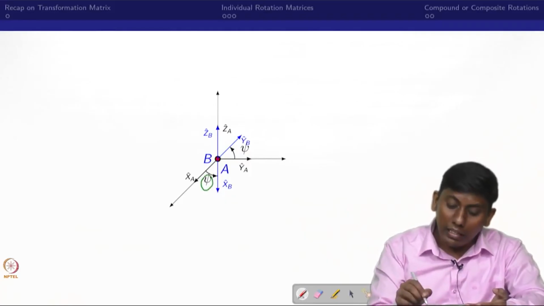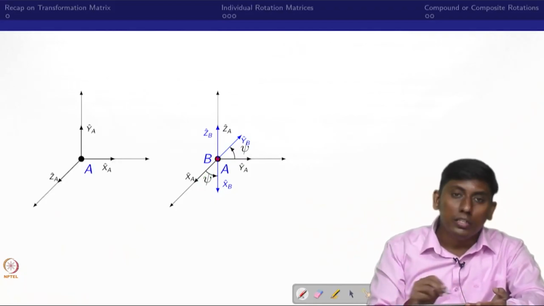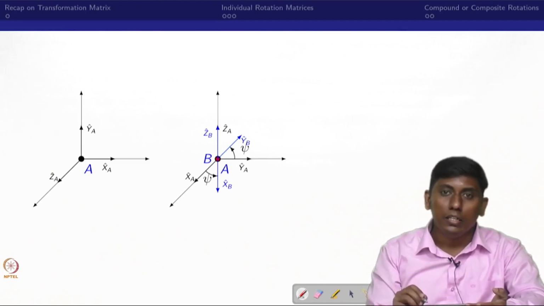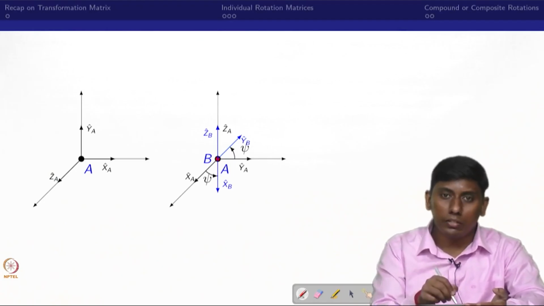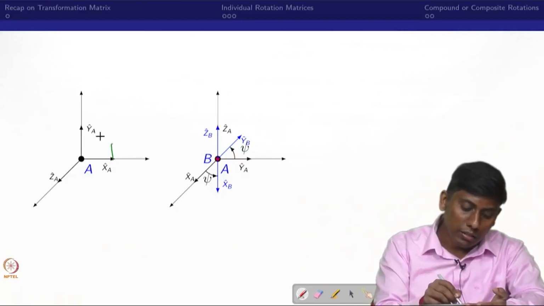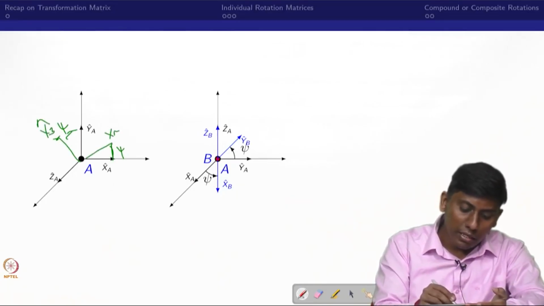Again, it is not very clear, so we'll take the same approach. We put ZA cap coming out of the screen, and we use X and Y on the screen. Now if I rotate, this rotates by a phi angle, and this also rotates by a phi angle. So this is YB cap, and this is XB cap.